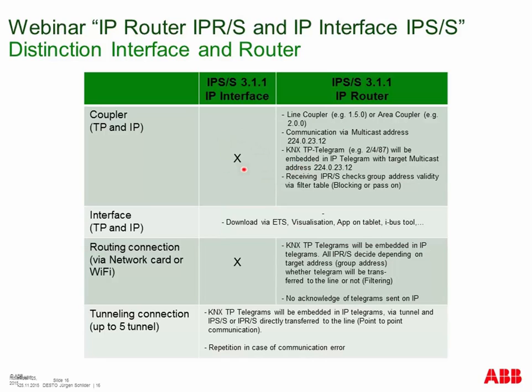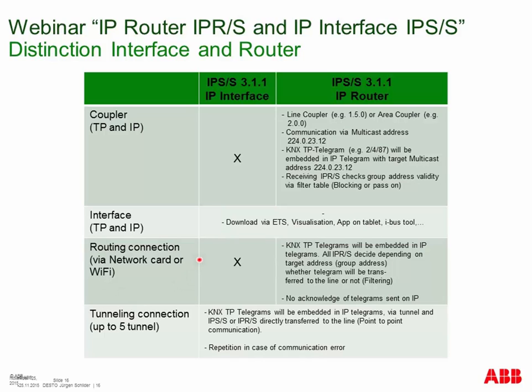Not possible with the IP interface. So absolutely not possible, and you cannot replace a line and area coupler. Using IP router or IP interface for downloading via ETS, connecting a visualization, or if you have Wi-Fi, an app on a tablet, is easily possible and supported by both devices.